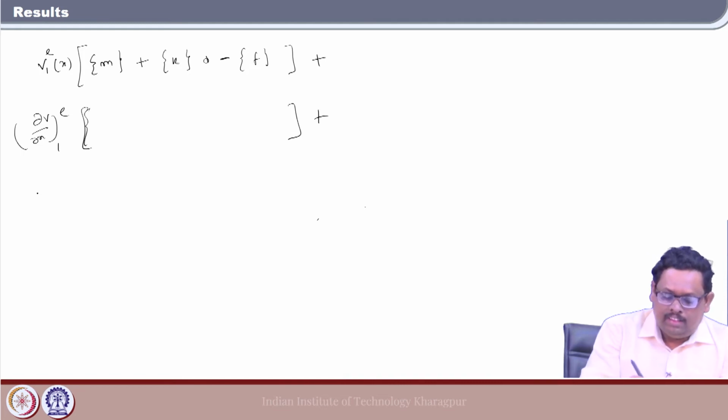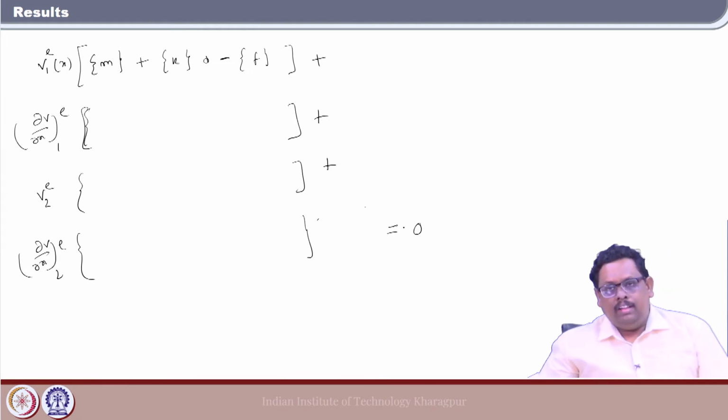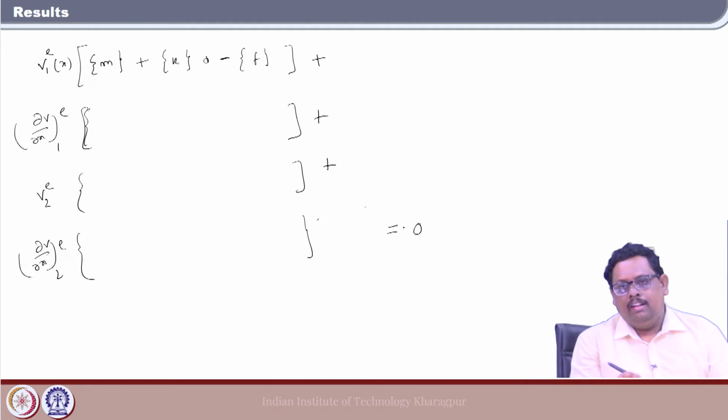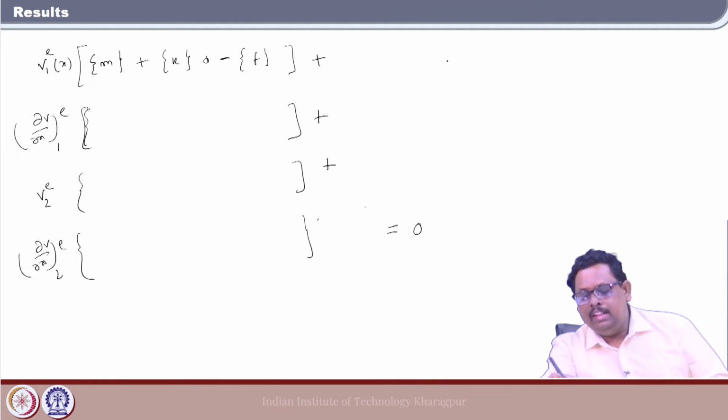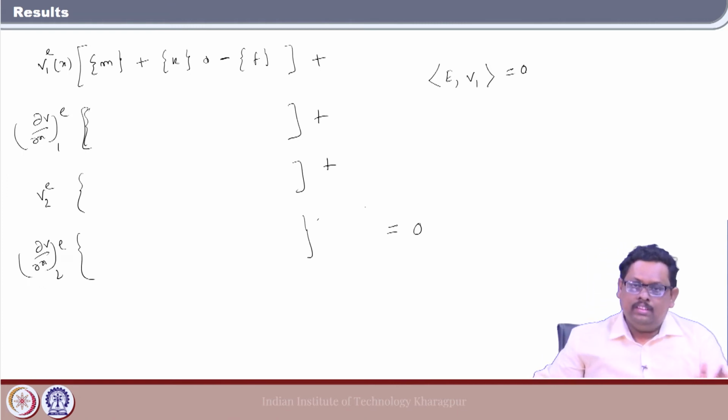Then plus, if you take this V 2 E, again you can have this component, and if you take del V del x 2 E, again you have this component, that is equal to 0. Now, initially, if you remember, I said the orthogonal property: under this orthogonality, I called that this error function and this test function V 1 have norm equal to 0. So, that is the idea.